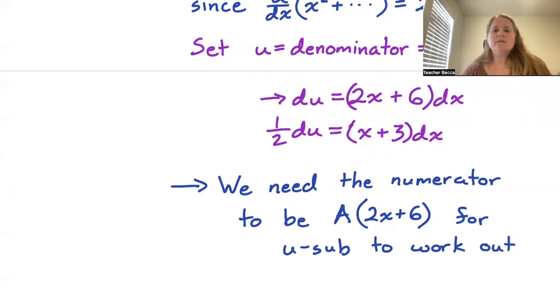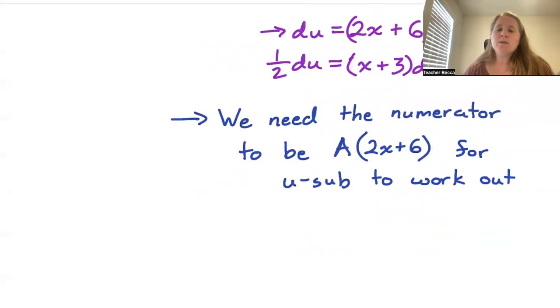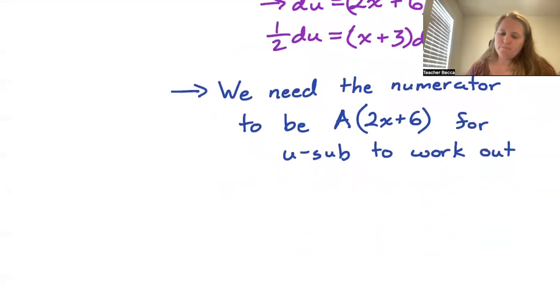What we are going to do is split the numerator into a component that is a multiple of 2x plus 6, and then the remaining component.